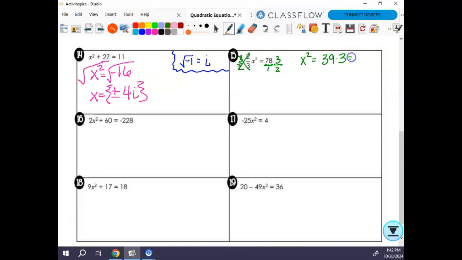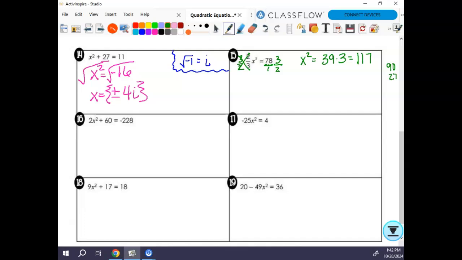So let's see. What's 3 times 30? 3 times 30 is 90, and 3 times 9 is 27. And then when you add those, yes, you get 117.